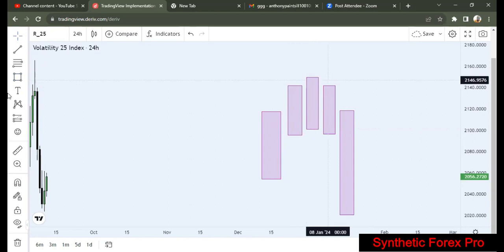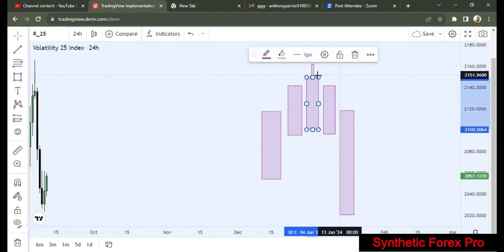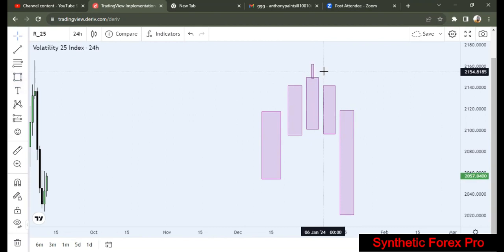Those of you who were sending me your screenshots, I was expecting that you were going to say that this particular one here is the one we are going to consider as the swing. If this was the wick, this is what we consider as the swing. Even if this particular candle was on the same line with these two candles, yet its wick was higher, we consider it a swing point or a high.